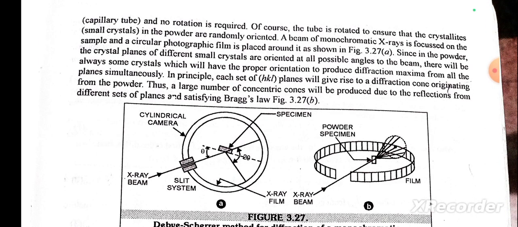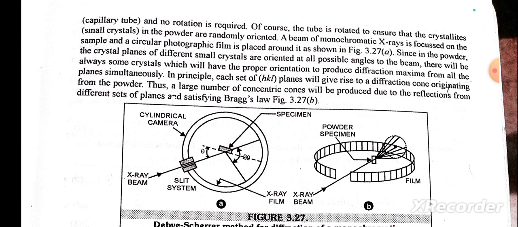Of course, the tube is rotated to ensure that the crystallites are randomly oriented. A beam of monochromatic X-rays is focused on the small sample and a circular photographic film is placed around it, as shown in figure 3.27.